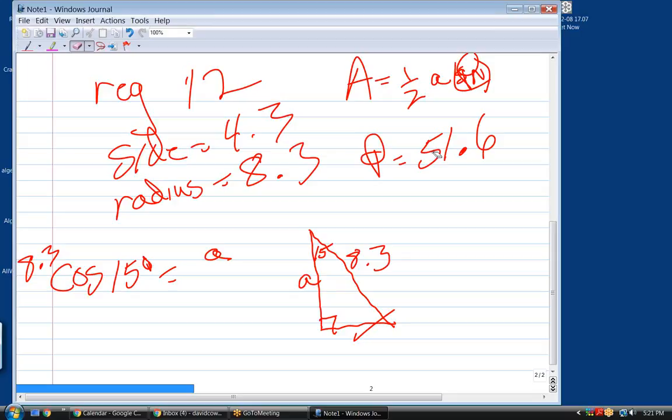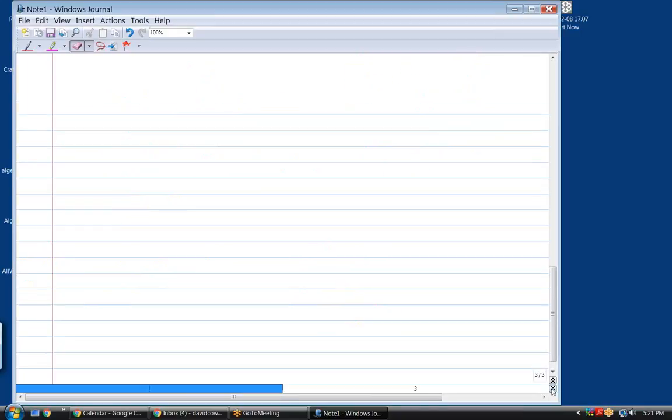It's the sum of the exterior angles of any polygon. And here's what I mean by the exterior angles.